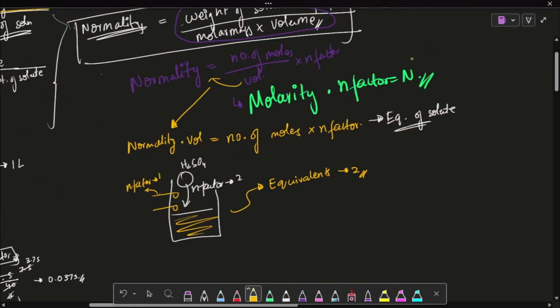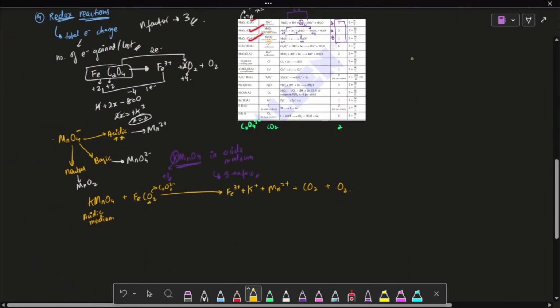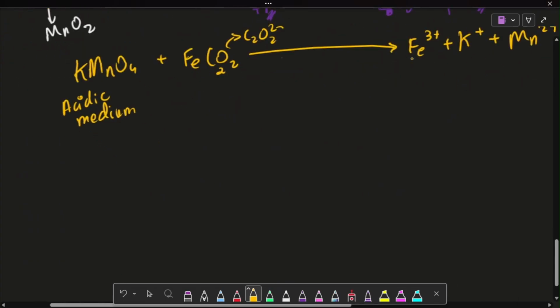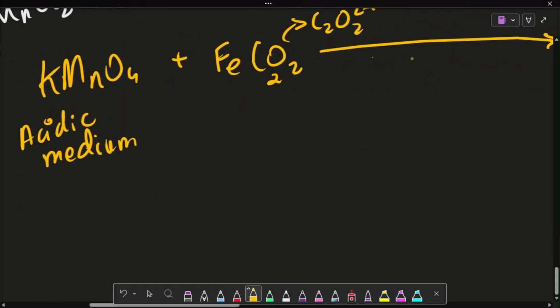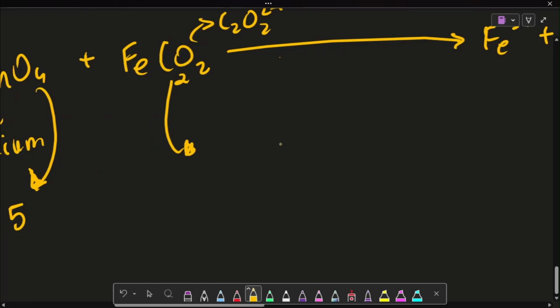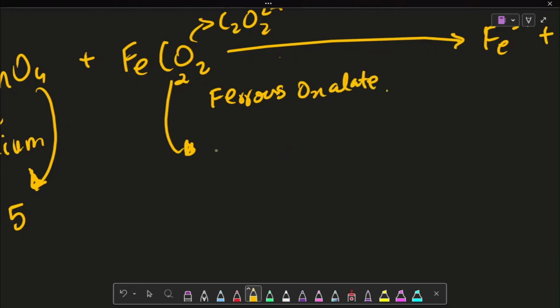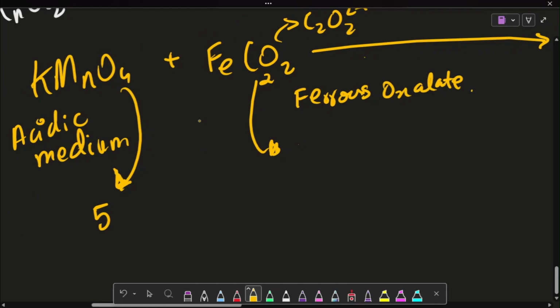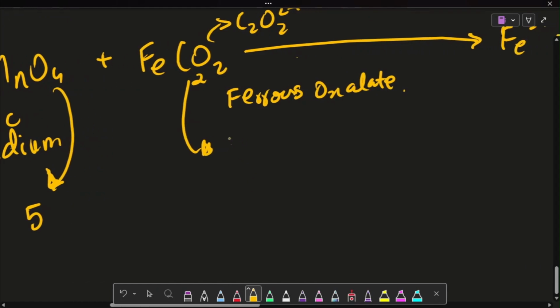So coming back to here, we know the n factor for KMnO4 would be 5. For FeC2O4, that's nothing but ferrous oxalate, that's 3.